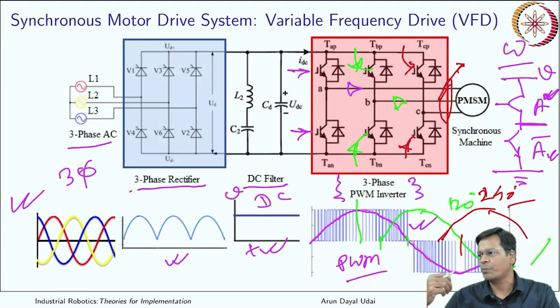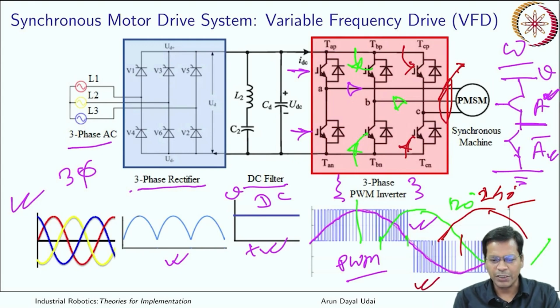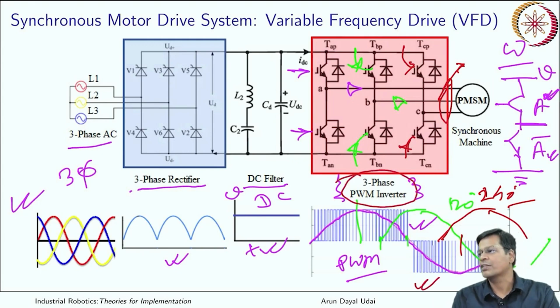So what is the beauty over here is you have full control over the signal that is input to this PWM inverter. So this inverter now can generate a frequency of our requirement. The AC which is fed to this motor ultimately is controlled.